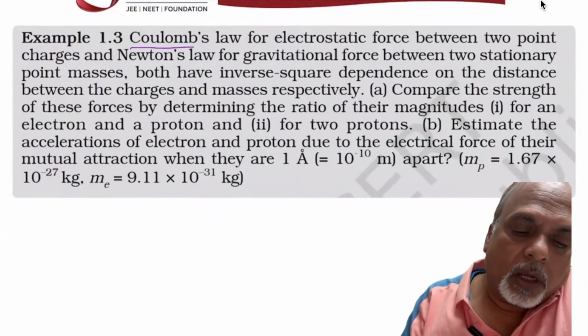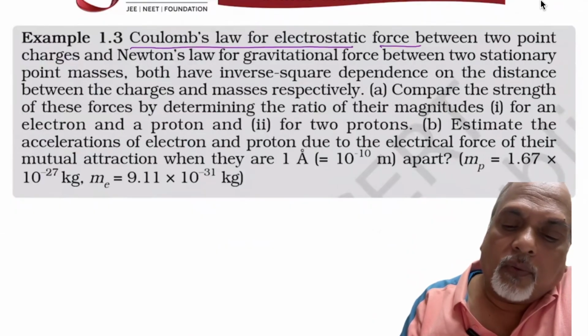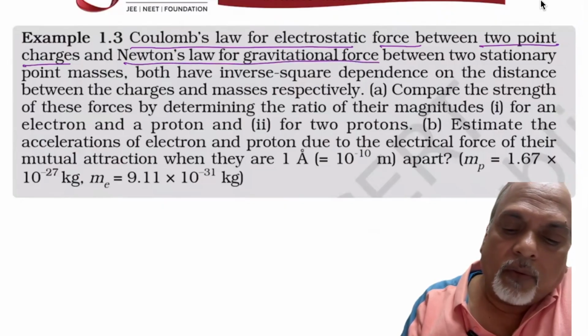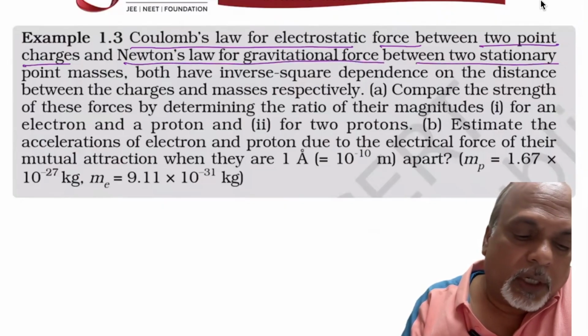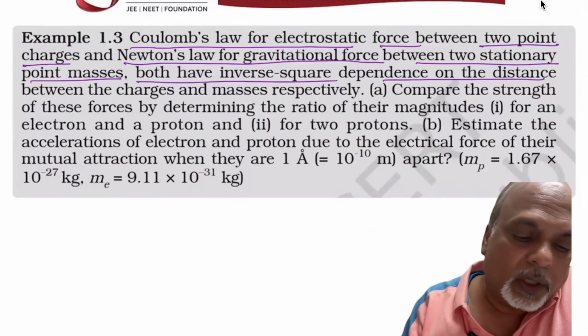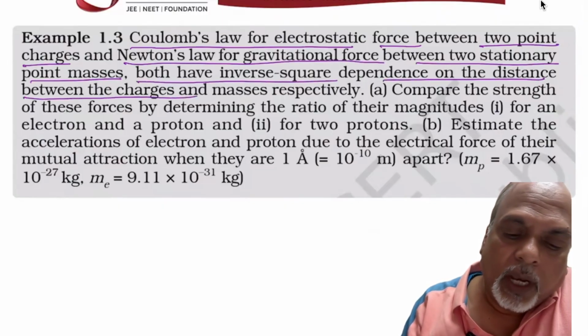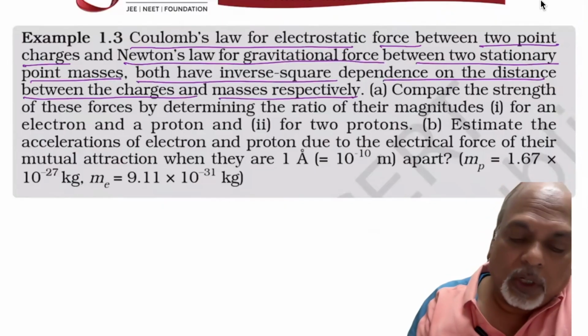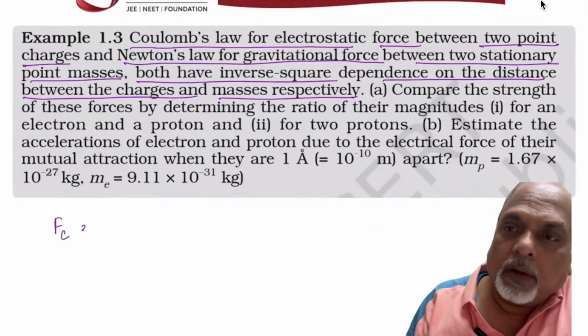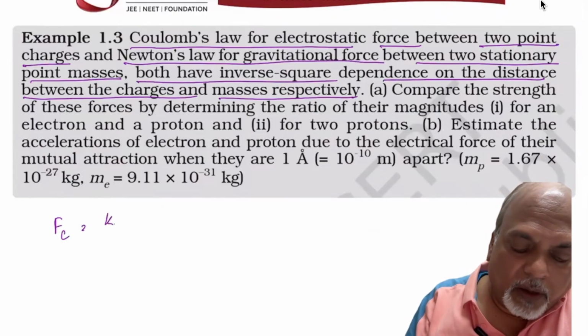Coulomb's law for electrostatic force between two point charges, and Newton's gravitational force between two stationary point masses, both have inverse square law dependence on the distance between the charges and masses respectively. Naturally, what is Coulomb's law? That is your FC, you can say, that is K Q1 Q2 upon R square.